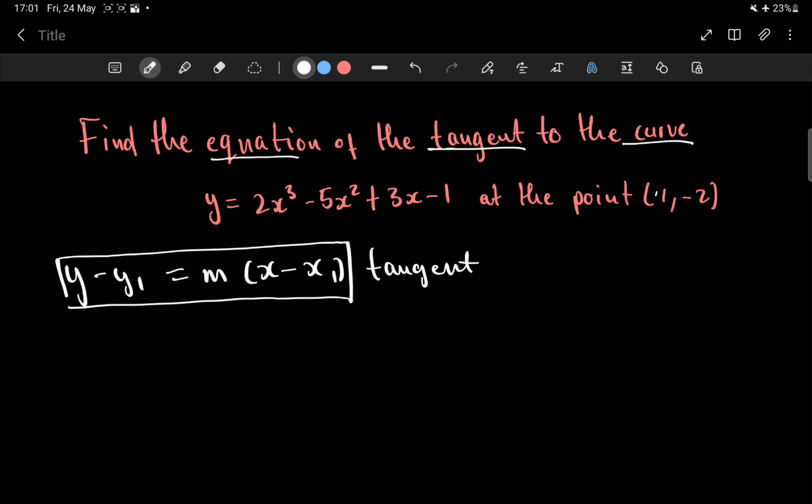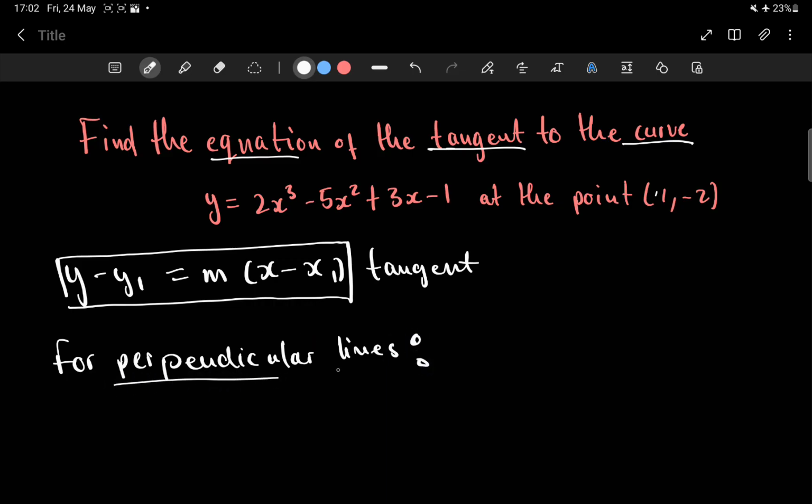For the normal line, we will get m, but for the normal, since it is the one which is perpendicular to the tangent, the relationship between two perpendicular lines is important. For perpendicular lines, if we're to find the normal, there's only one thing that changes.